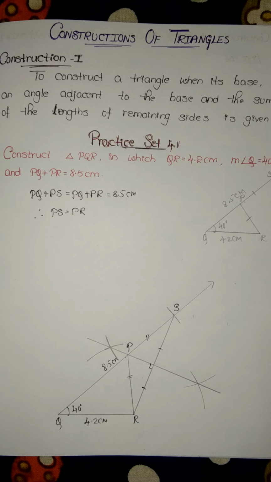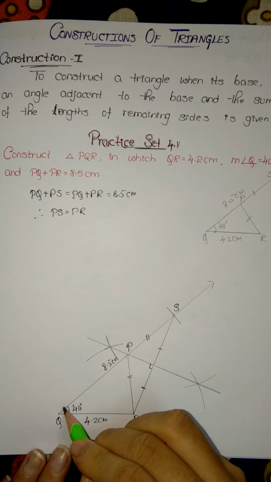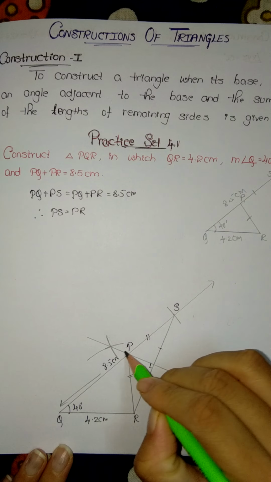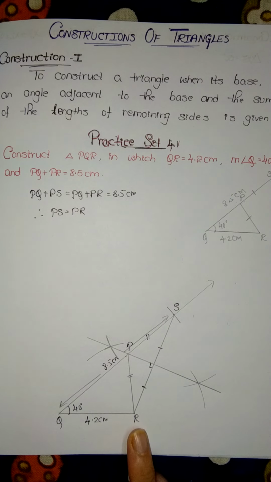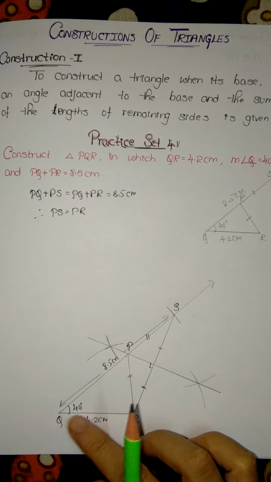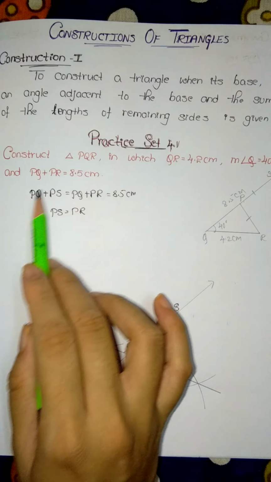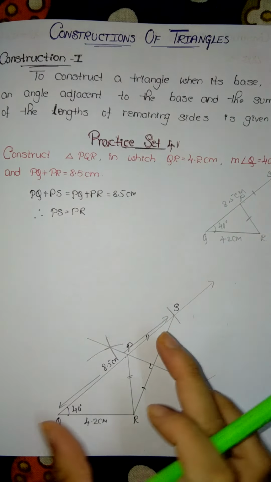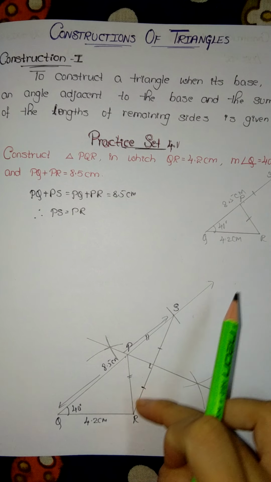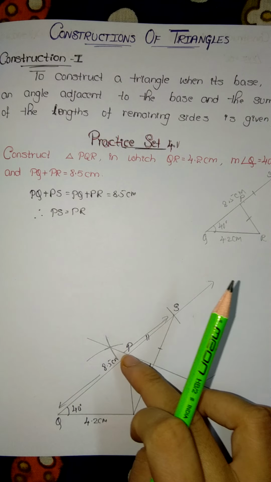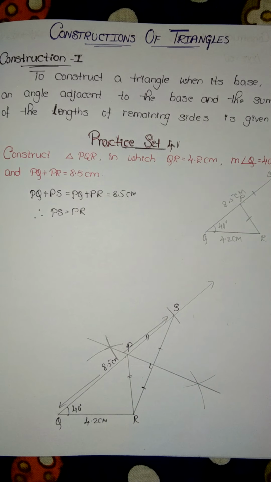So it completes our question number 1. To recap: first we take the base and, using one angle, we draw this line and extend it. After that we add the two sides' measurement here and join the line, take a perpendicular bisector, and the intersection point is connected with R. This was the first question. Next, move on to the second one.